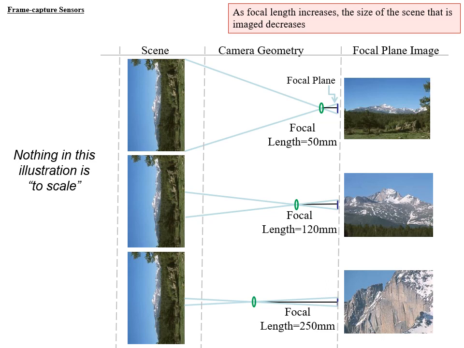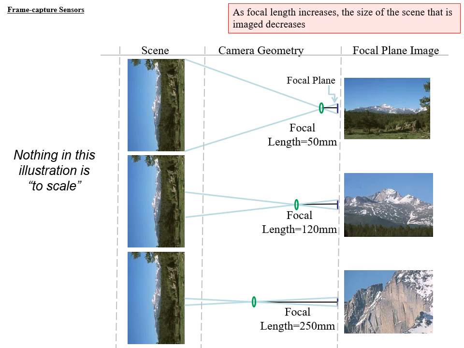If your focal length is larger, the ratio between the distances of objects and the lens is going to be moderately large relative to the distances within the camera. And so you're going to be looking at a smaller area of your scene within the focal plane.